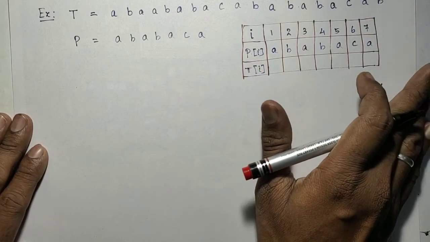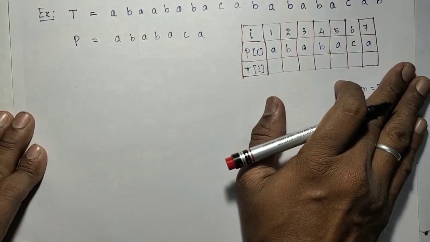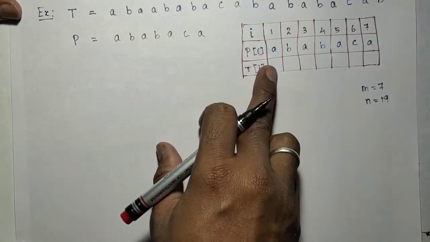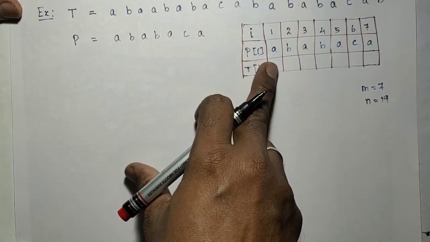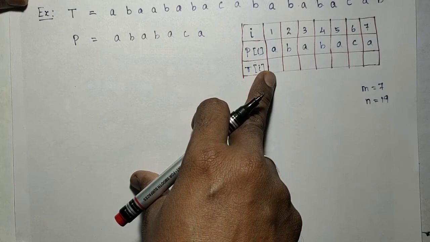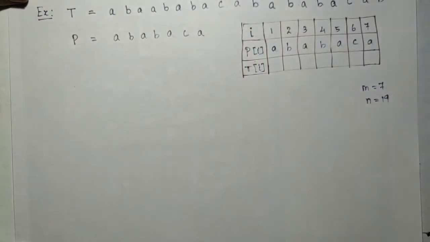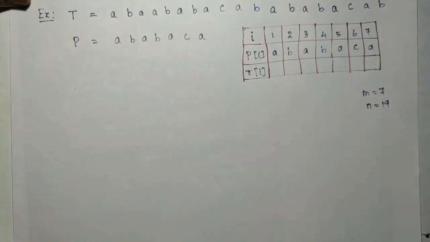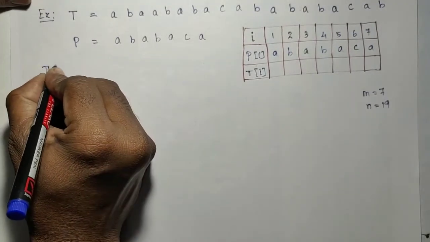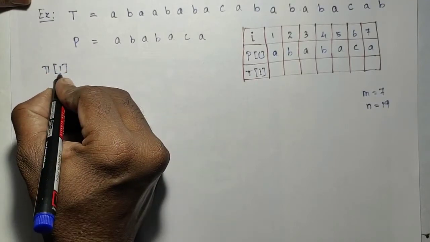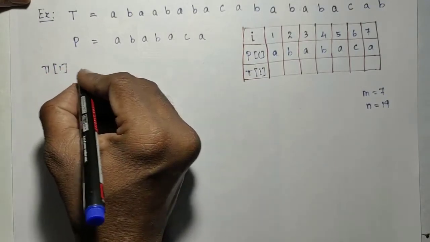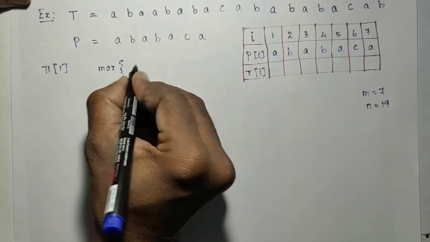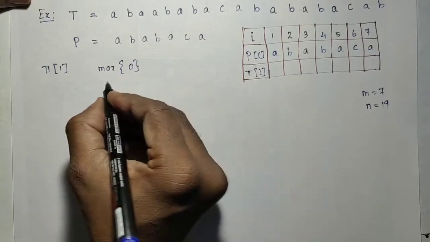That algorithm is designed like this. When you trace it, first we compute pi of 1, that is I equal to 1. Here q equals 1, which is the maximum of 0 alone.